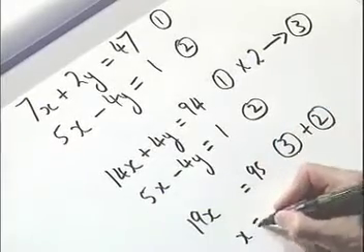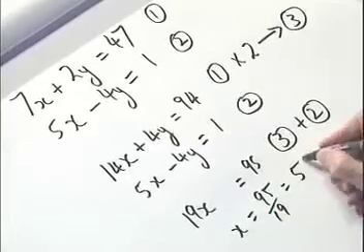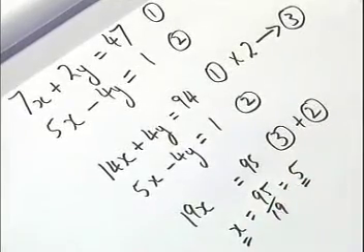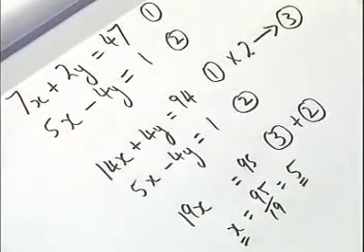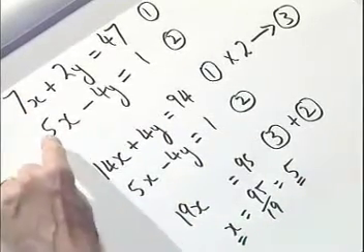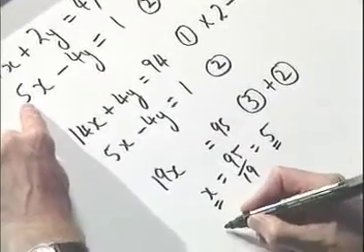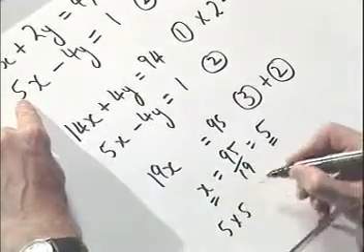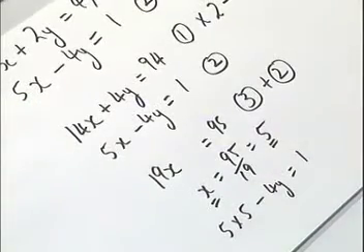And so x is 95 over 19, which gives me 5, which, if you remember, is the answer we had to the last question. Now we need to take this and substitute it back. Doesn't matter which equation we choose to substitute it back into. Let's take this one. X is 5, so 5 times 5 minus 4y equals 1.